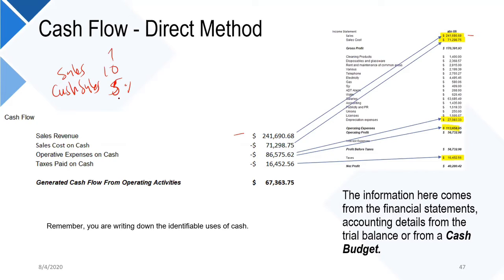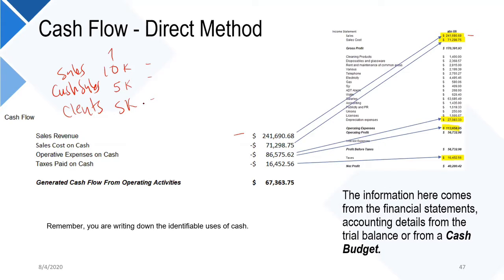So in this example, for what I'm writing down here with my pen, if you have 10,000 pesos in sales and you only get paid 5,000 pesos, and clients owe you 5,000 pesos, which one of these will you have to write down inside the cash flow? What you're receiving. Exactly, that is the cash sales.